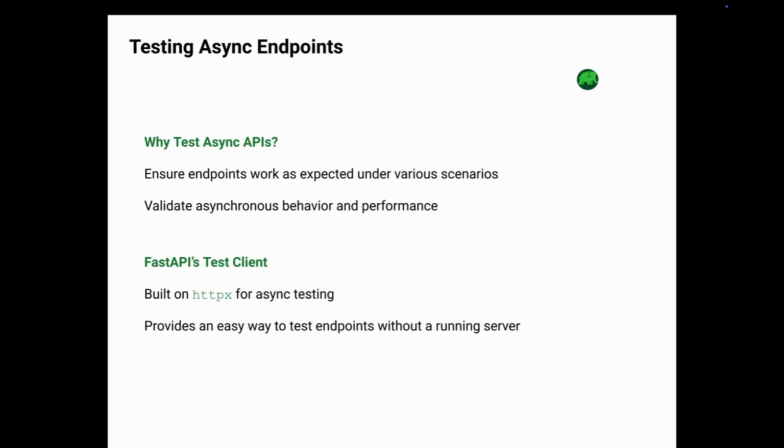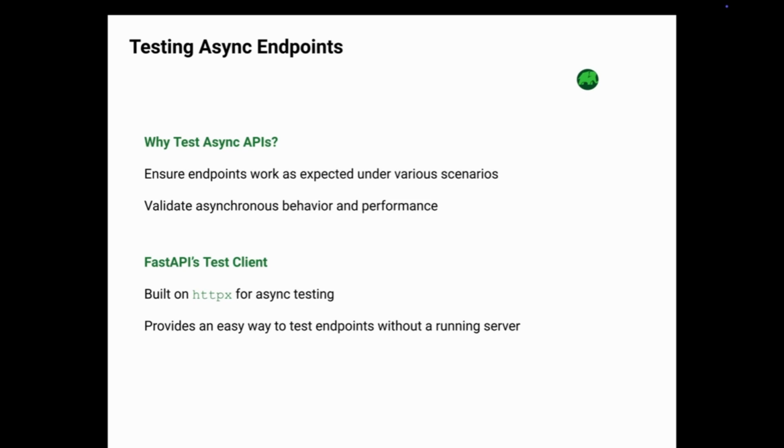FastAPI's test client is built on top of HTTPX, which means you can easily test your async endpoints with it. The FastAPI test client makes it simple to simulate requests and get responses from your app without having to run a live server. In our code sample, we create a test client instance for our app. Then we use the client to make GET requests and assert that the responses are correct.